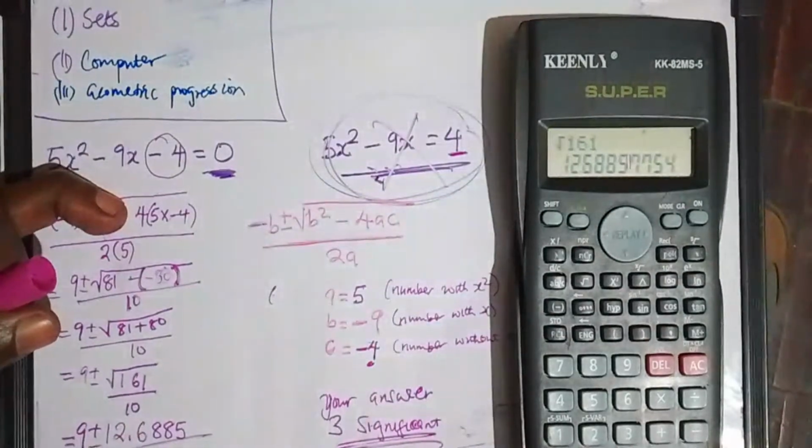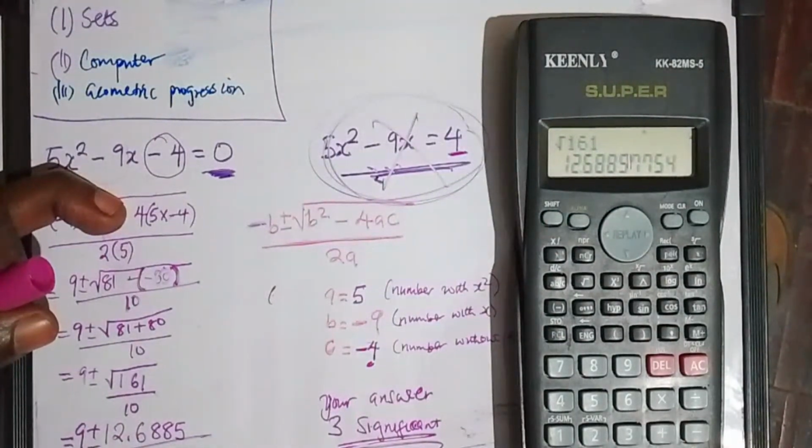Here you say 9 plus 12.6885 divided by 10, or here we are talking about x. Don't forget 9 minus 12.6885 divided by 10.